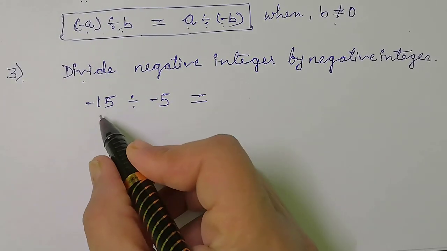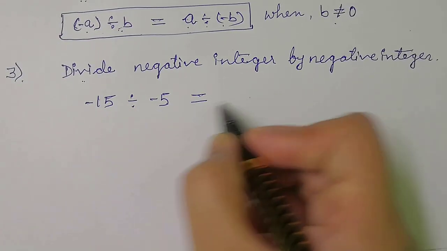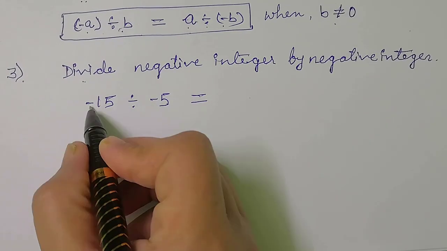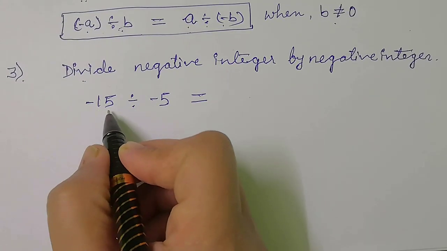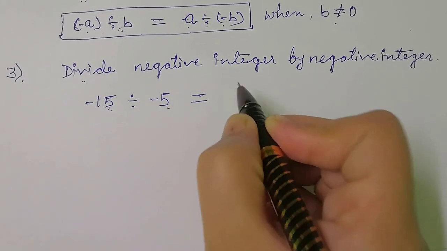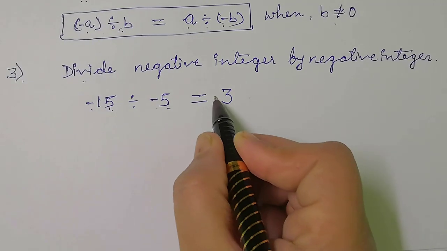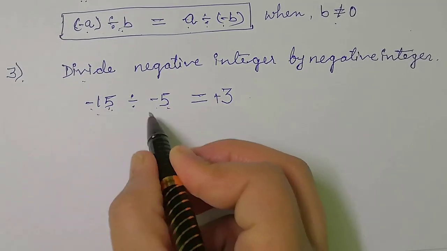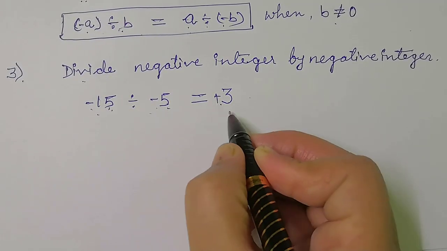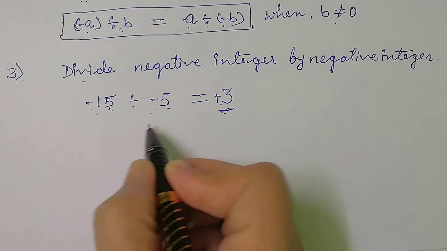Similarly, don't look at the negative signs, just divide 15 by 5, then we get 3, and this minus minus will be plus here.